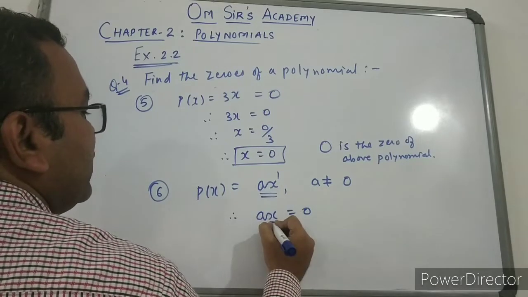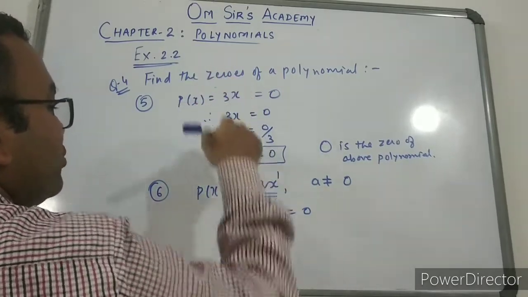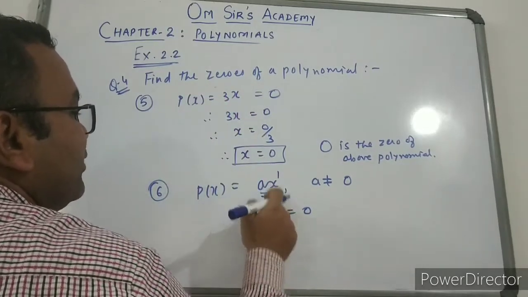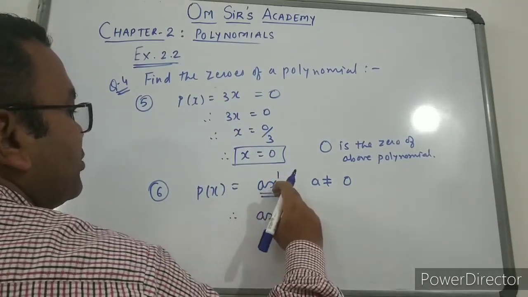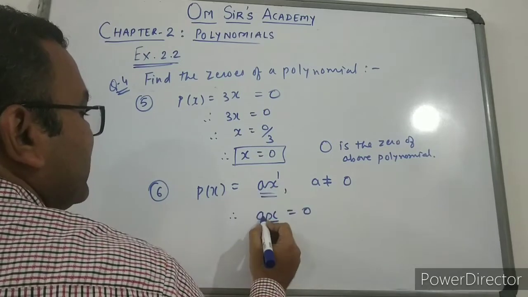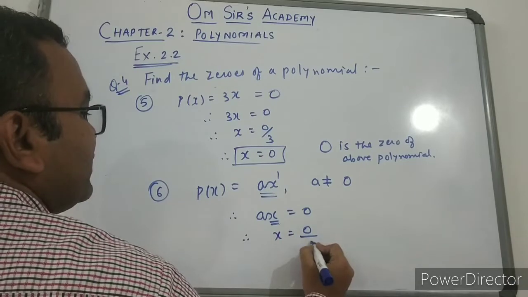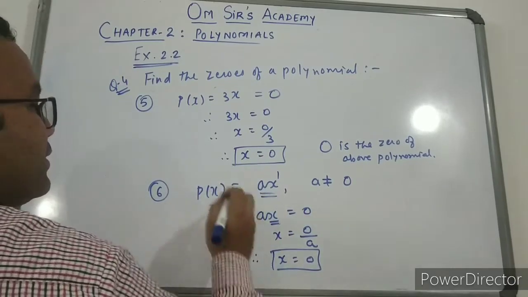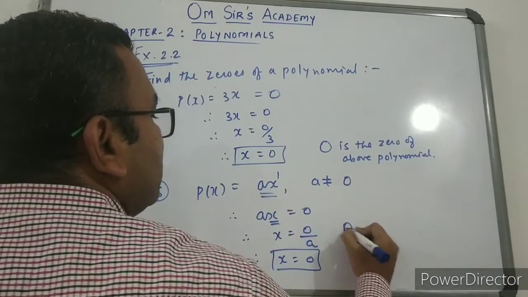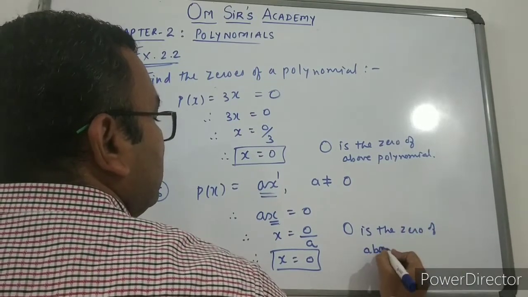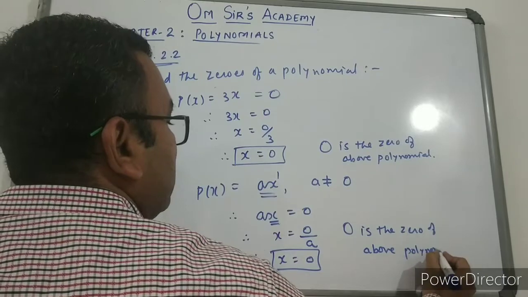We have to find the value of x in this case, because in all these cases we have taken x as the variable, and here also we take x as the variable. So this a is multiplied with x, so it will go to that side and get divided into 0. Here also the zero of the polynomial is 0.